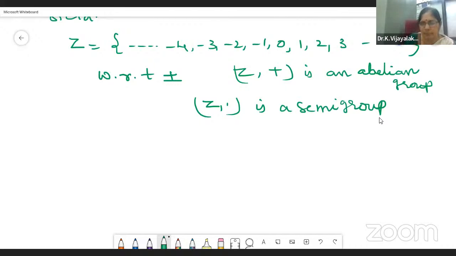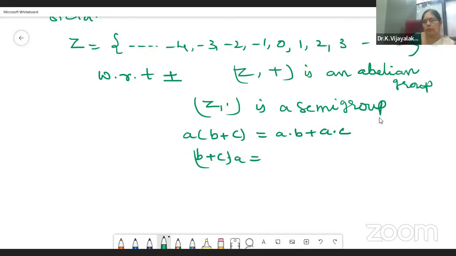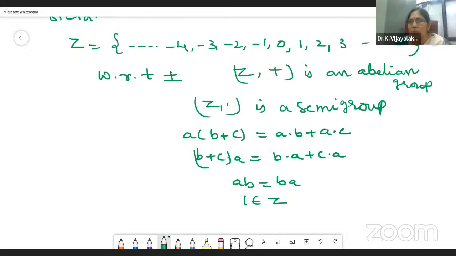And also you have distributive laws with respect to addition: A into (B plus C) is equal to A into B plus A into C, and (B plus C) into A equal to B into A plus C into A. So distributive laws are satisfied, multiplication is commutative in the set of integers, and 1 belongs to Z. But the only problem is any non-zero element other than 1 has no multiplicative inverse.